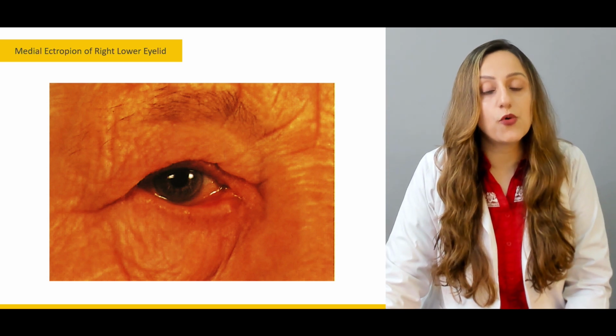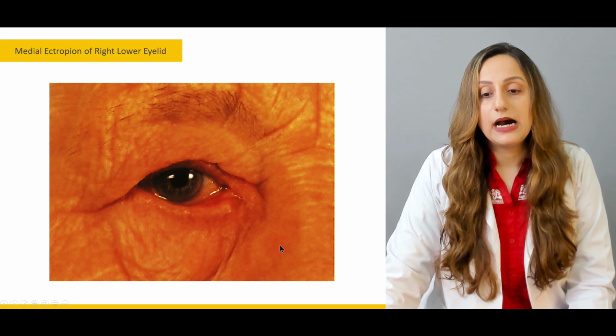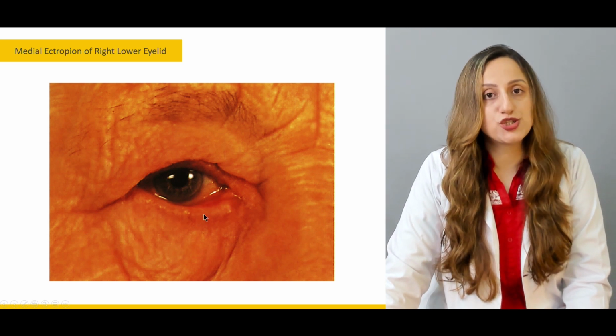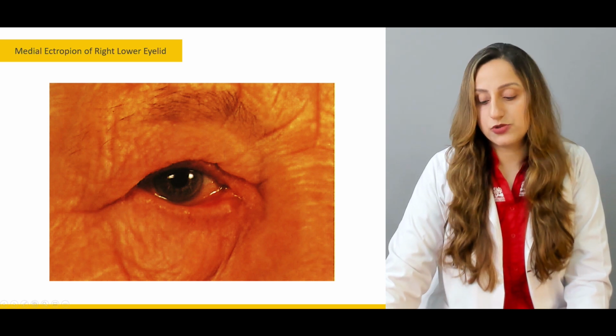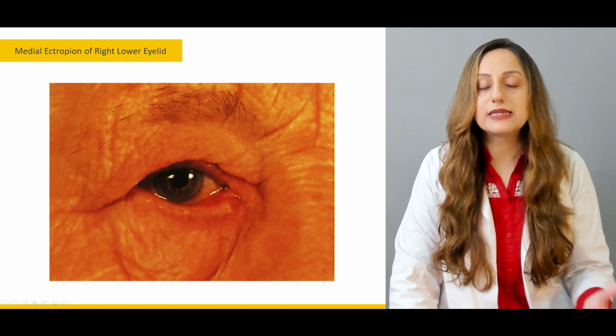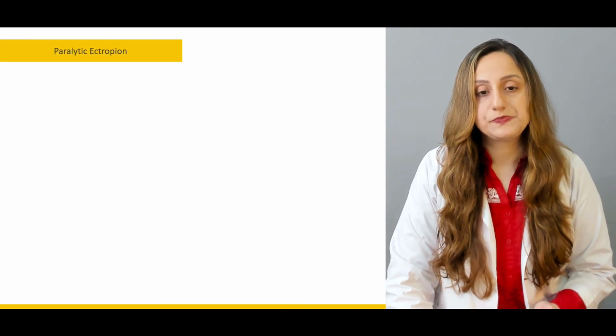So you have to look for all of the features. You have to completely examine the lid. Look for the signs of inflammation on the lower lid, and look for the signs of any mass that is found on the lower lid and that is causing the retraction or the ectropion in these patients.